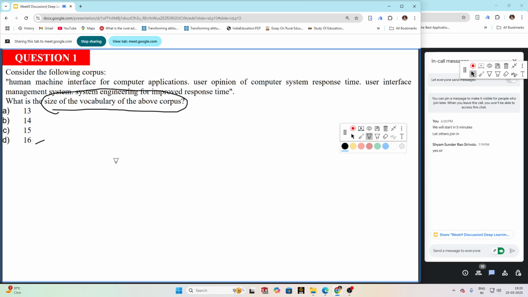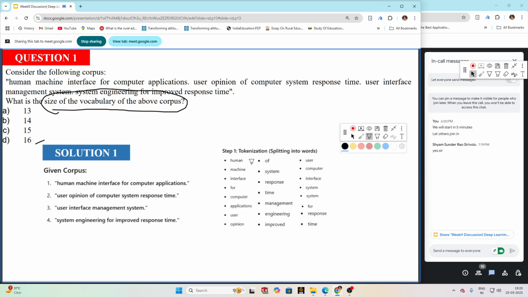So what are the steps you will be doing? First, you will tokenize, that is, split the sentences into words. These are the four sentences.